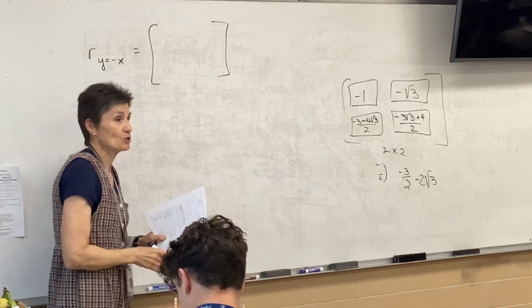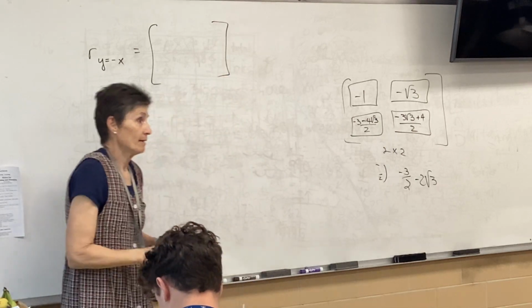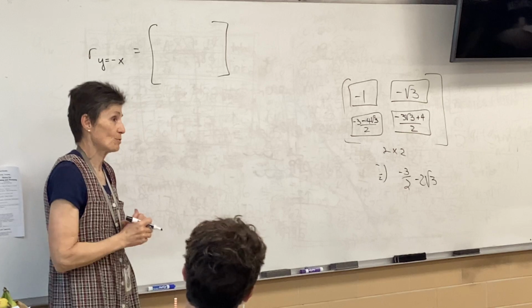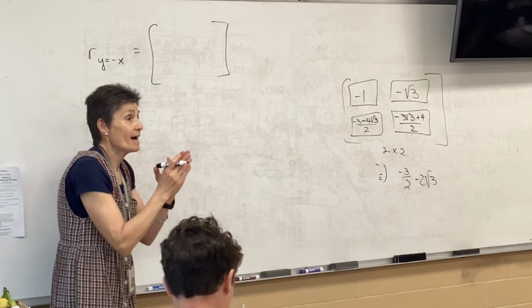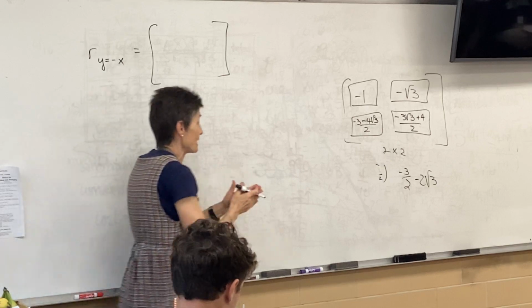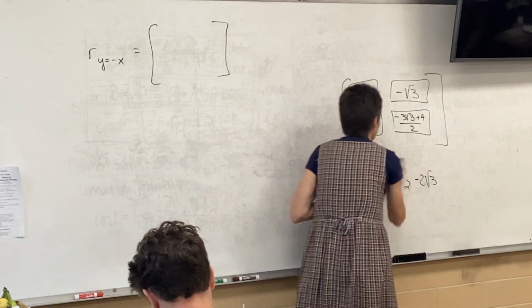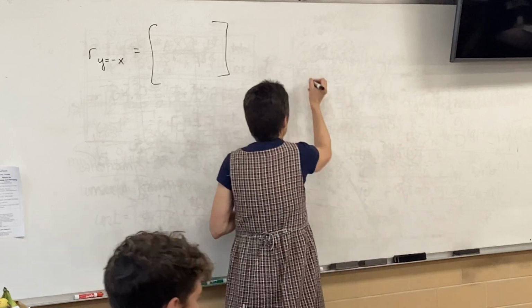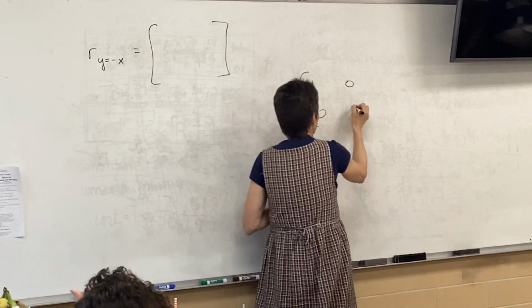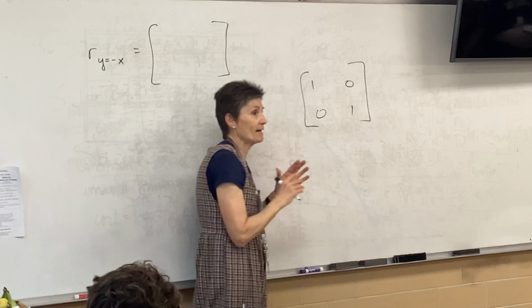It's not a rotation. And again, I'm not going to tell you what these matrices are, but we know how to figure it out. What's the identity matrix? That's the matrix that changes nothing. What's that? 1, 0, 0, 1, right? That doesn't change anything.